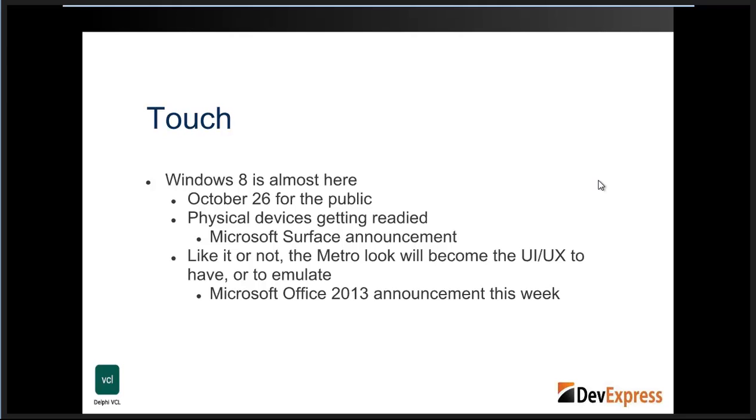Physical devices are being readied right now. There's several out there, kind of small touchscreen slates and so on and so forth. Of course, Microsoft have made their announcement a month ago about their Surface PCs, Surface tablets, I should say. Two tablets, one is an ARM tablet, the other one is an Intel tablet. So there's that to consider.